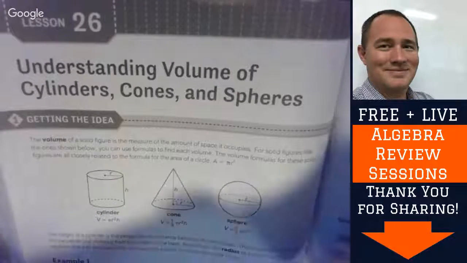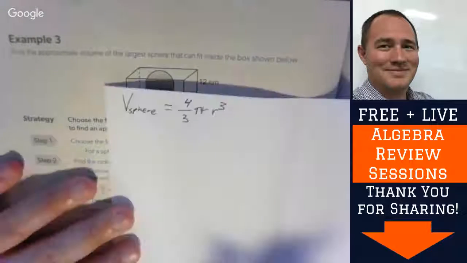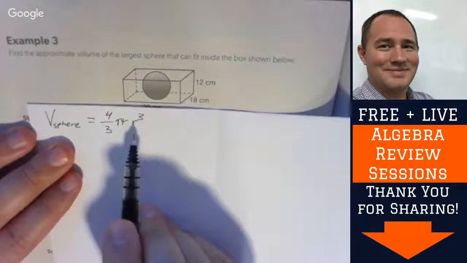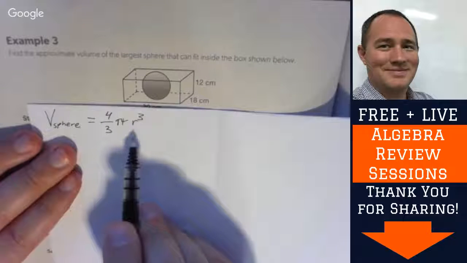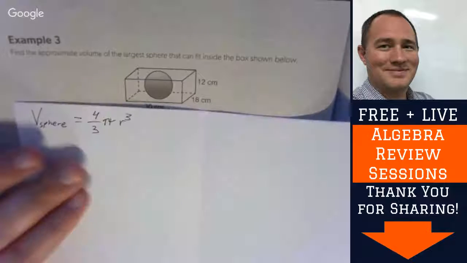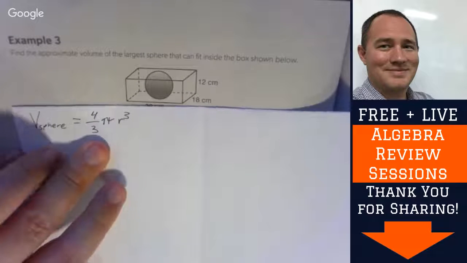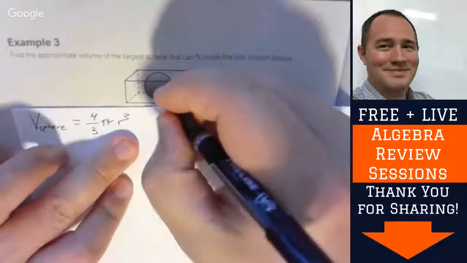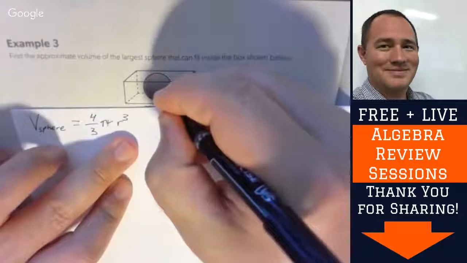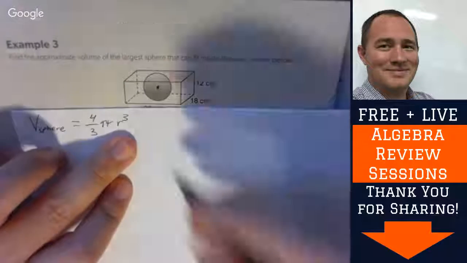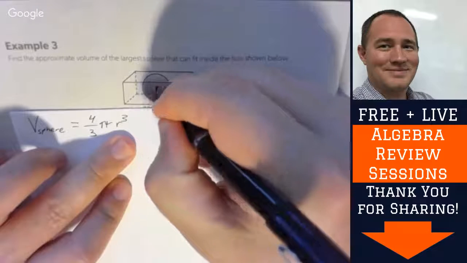All right, so there's only one variable in a sphere, and that's the radius, okay? Everything else is based on a constant, 4/3 pi. So really what we need to picture is the center of this sphere, and let's drop a radius from that.